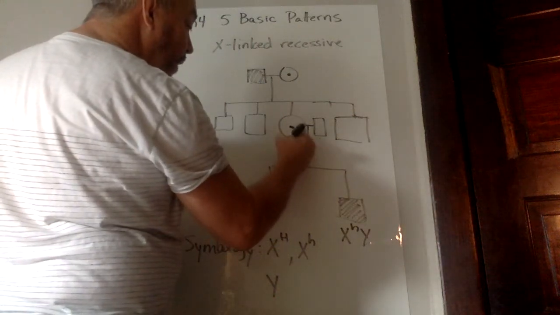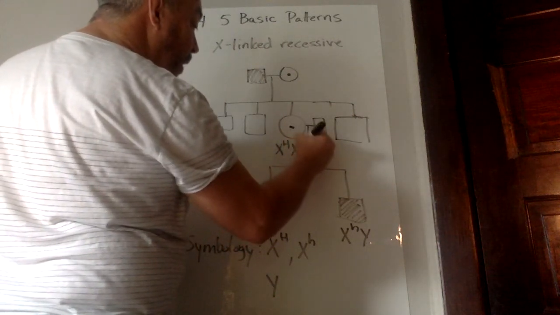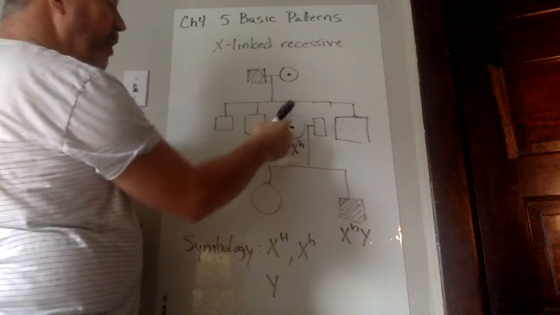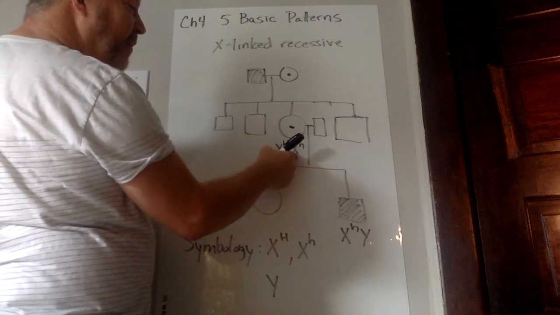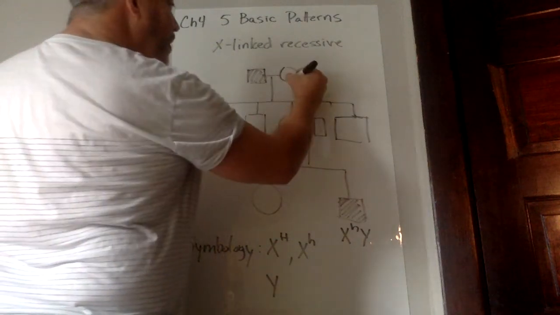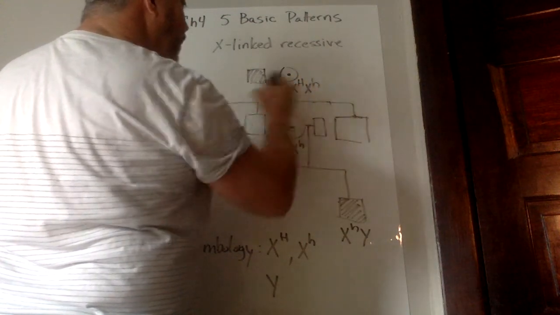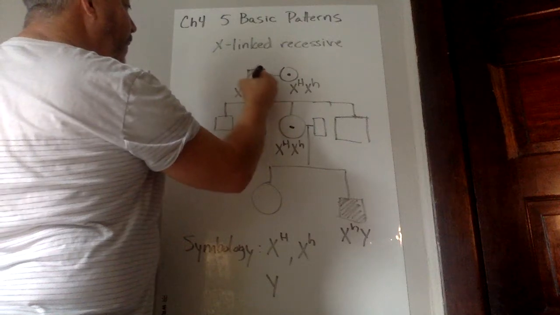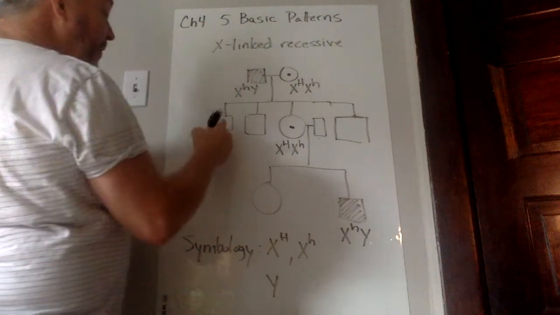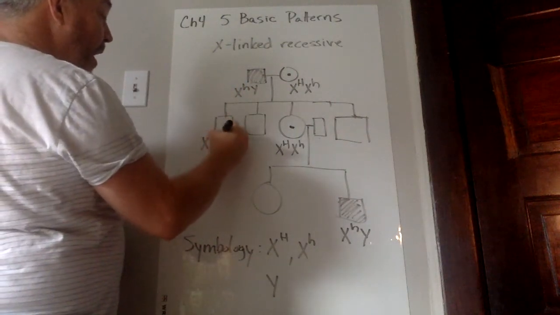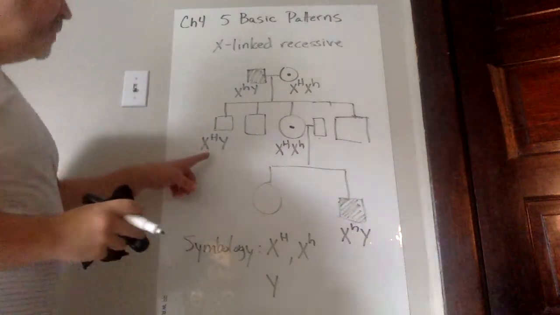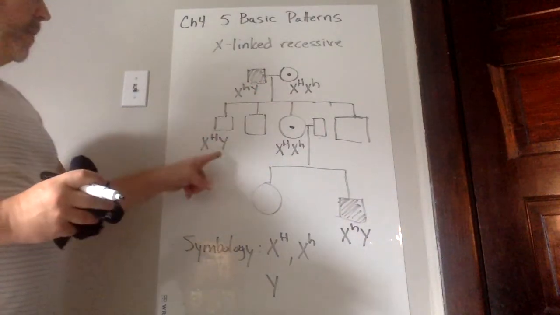Mom of this one has to have one dominant gene showing no color blindness, and they'd have one recessive gene that they pass on. This mom would also have to be heterozygous. Dad had to have the recessive gene. Because these males do not have color blindness, then they have gotten the dominant gene from mom and the Y from dad.